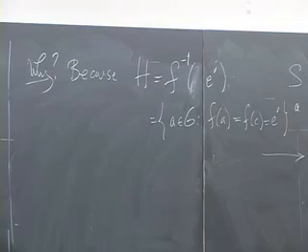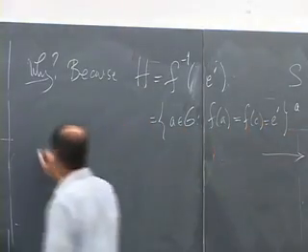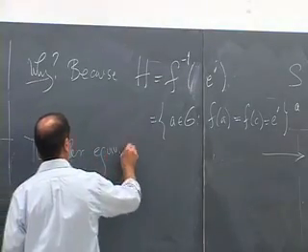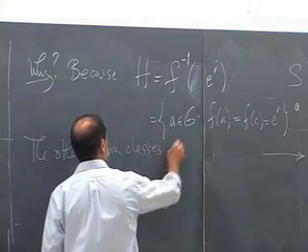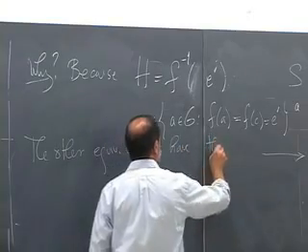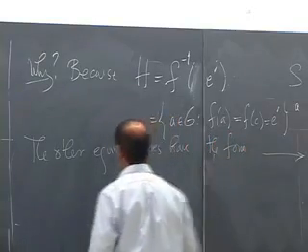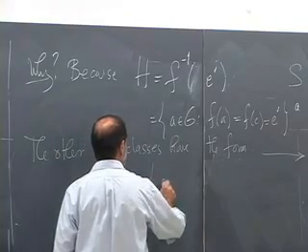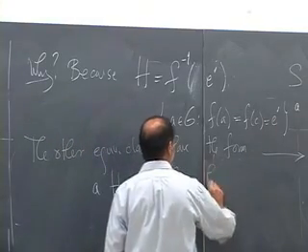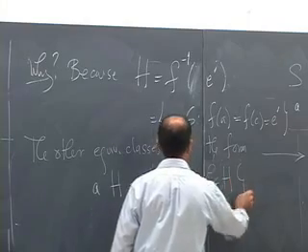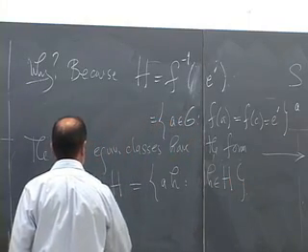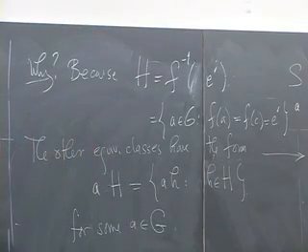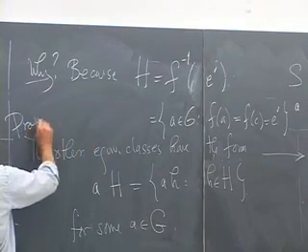What are the others? Equivalence classes have the form aH, by which I mean all things of the form ah, where h is in the kernel, for some a in G. So that's a proposition, and we're now going to prove it.